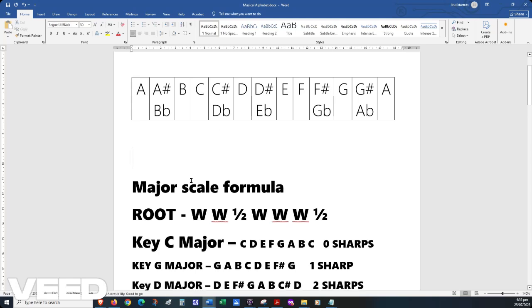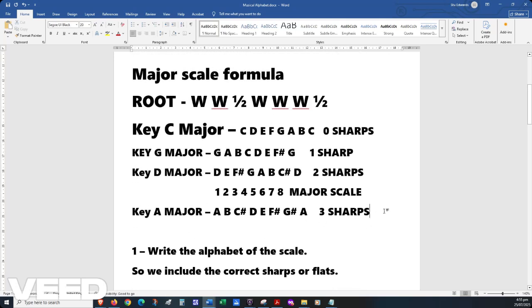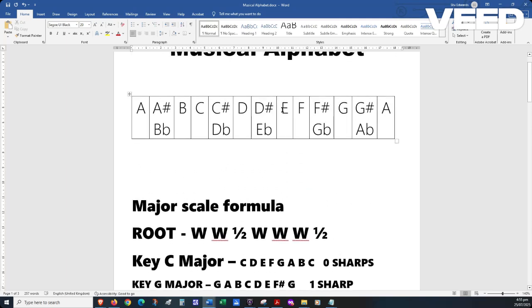Let's just do 2 more to finish up. We'll do the key of E and we'll do the key of B. So the key of E major. We write out the alphabet, E, F, G, A, B, C, D, E. We start on the E, whole, whole, half.